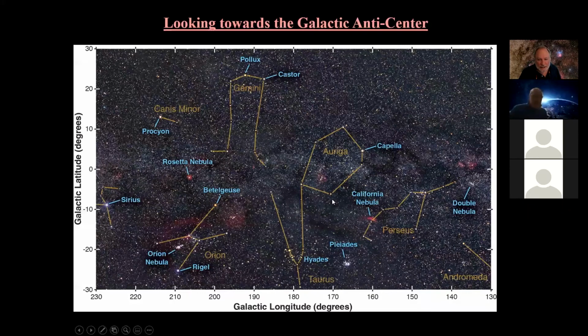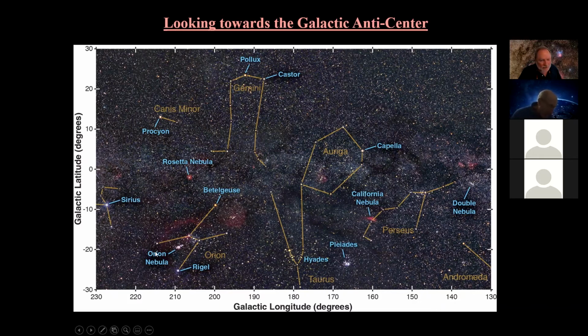Looking towards the galactic anti-center, this is Perseus seen to the north, and the Heart and Soul Nebulae, and the Orion region, a rich region with a kind of shell of glowing hydrogen gas here because it's been ionized by the stars within, photoionized.